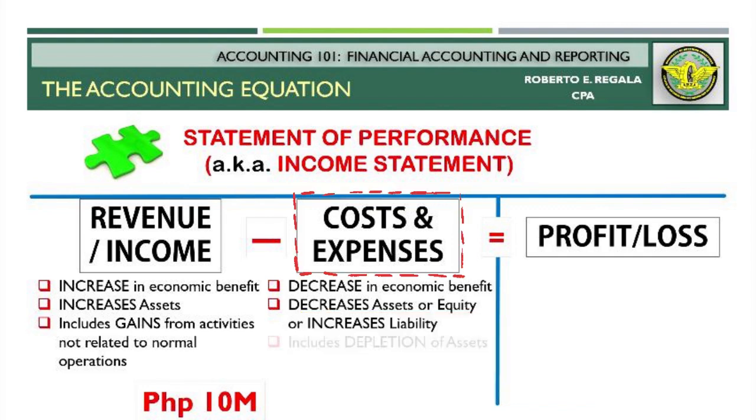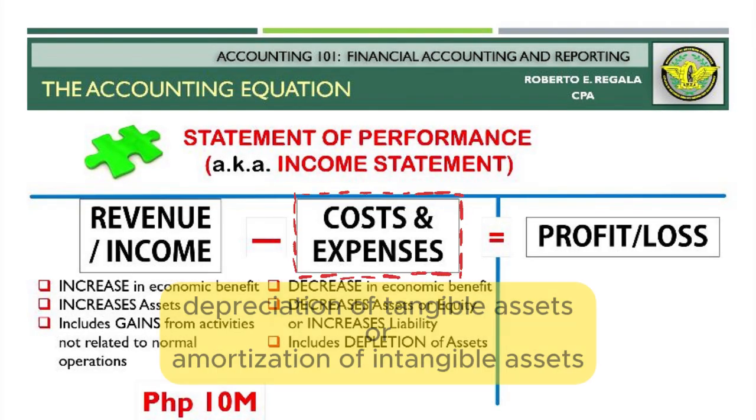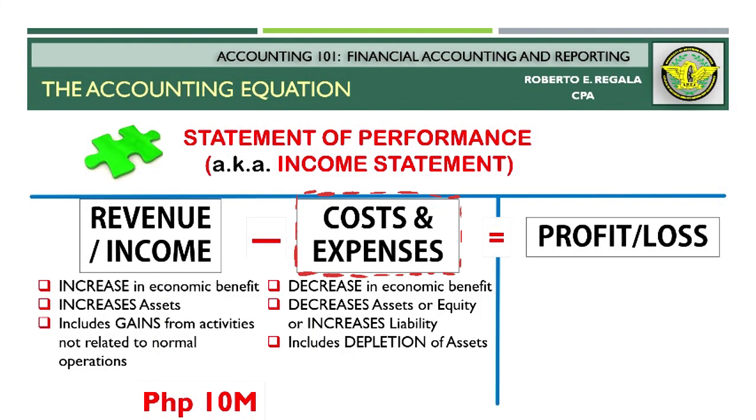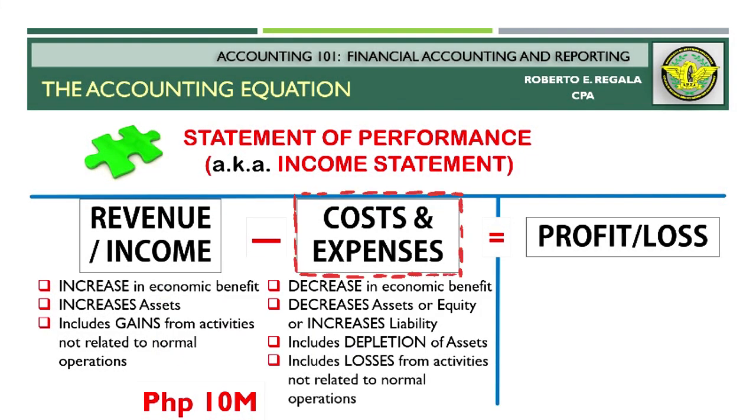However, there are also expense items that do not require an outlay of cash, such as the depletion of assets, either through depreciation of tangible assets or amortization of intangible assets. Losses from activities not related to normal operations also become part of the total costs and expenses.